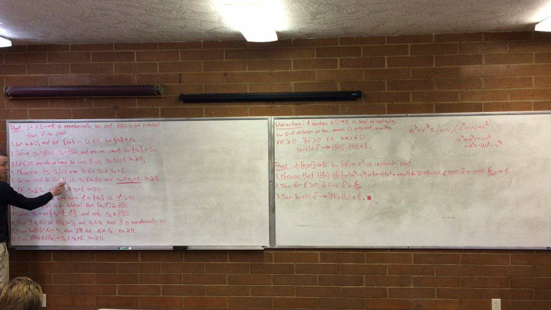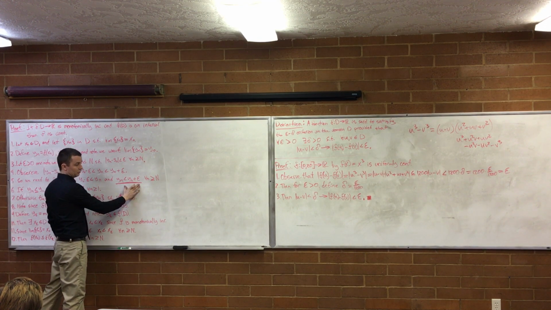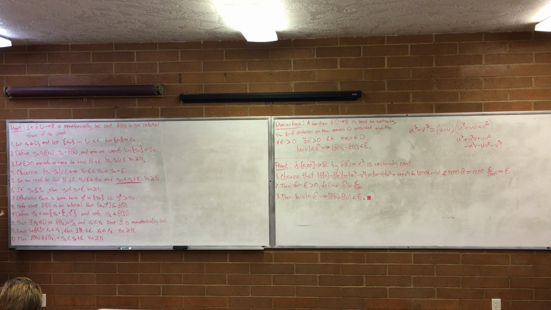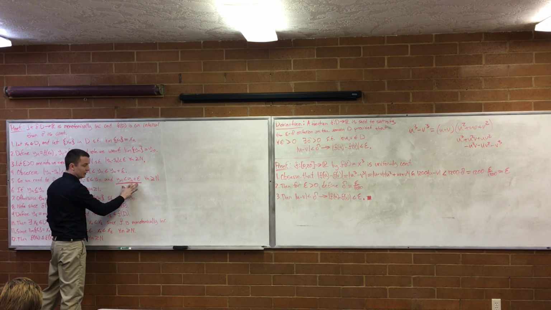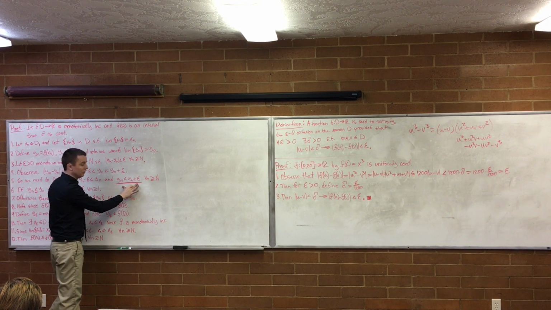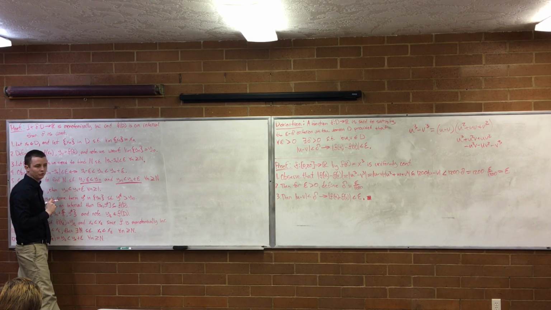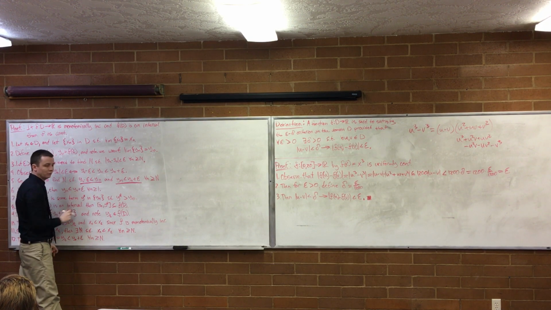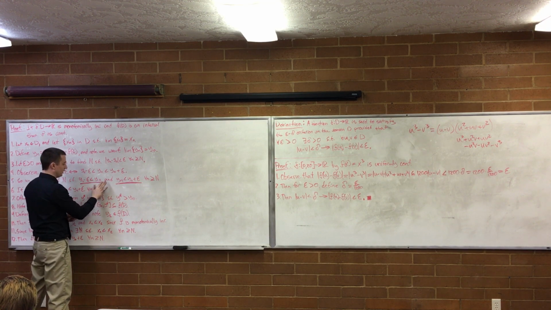So we need to find some index n such that this inequality is true and this inequality is true from that index onwards, and we'll be done. Right? Now, we're not going to do both of these. We're going to find an index so that this is true. You would also find an index where this is true, and then you take the max of those two indexes, and both of them will be true from that index onwards. You understand? So I'm just going to bother with this one, not going to bother with this one.